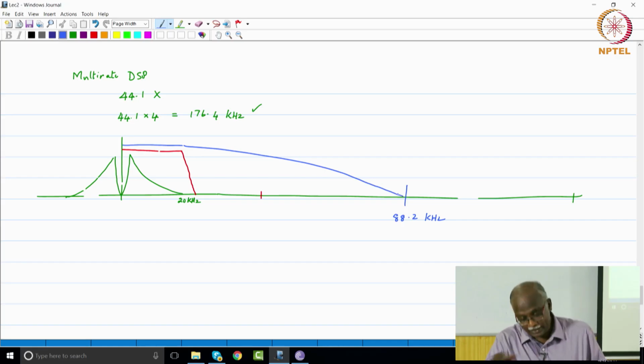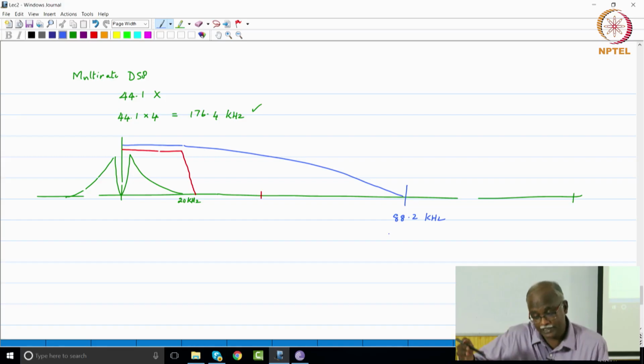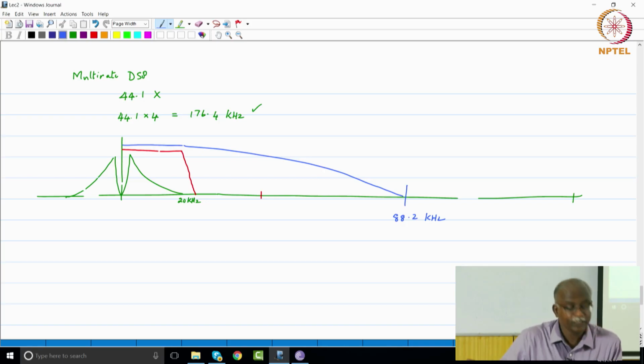Actually, it turns out that it can go beyond 88.2 as well, but for now this is it. So, now what have we done? We have created a digital sampling scheme at 176.4 kilohertz.